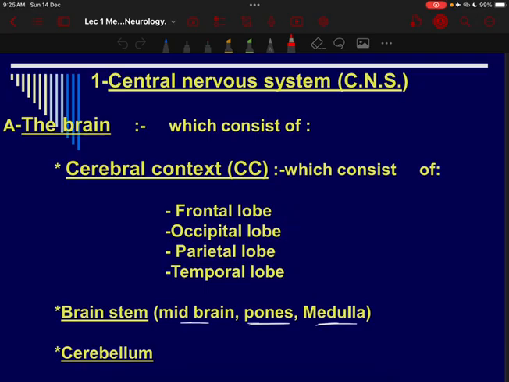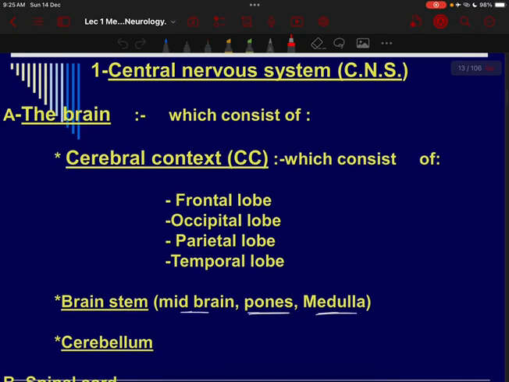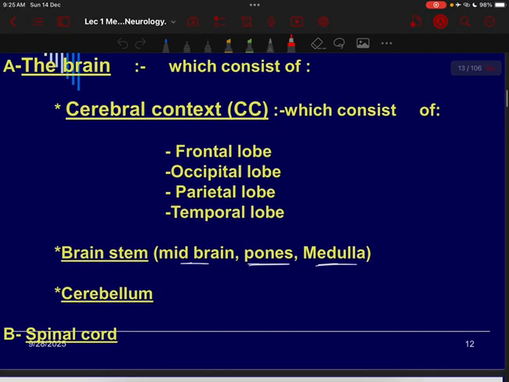Each lobe has its function. We'll talk about it later. That's the cerebral cortex. Below it is the brainstem, which is composed of 3 parts: the midbrain, the pons, and below that the medulla. Then we have the cerebellum, as I said, and the spinal cord.